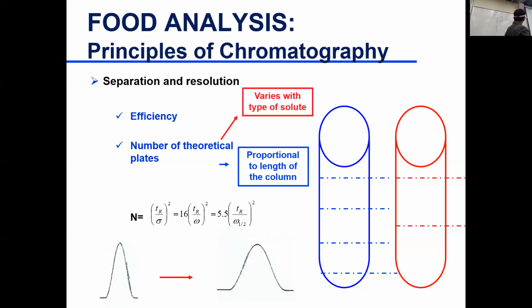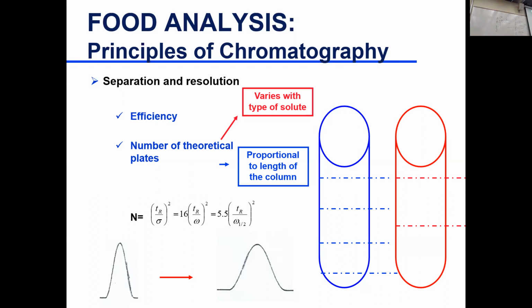So this happens with more use of the column. With extended use of the column, you lose selectivity, you lose capacity. So then you have a much longer time to equilibrate. And actually, each compound has a unique theoretical plate because each compound is unique.